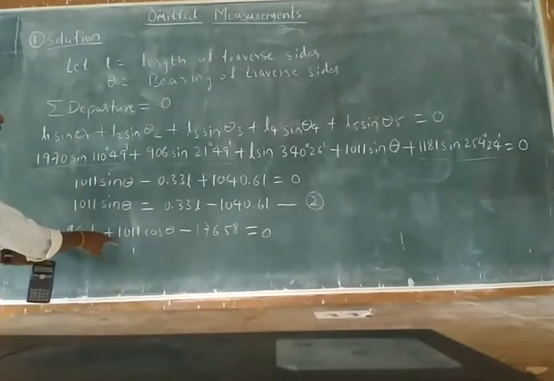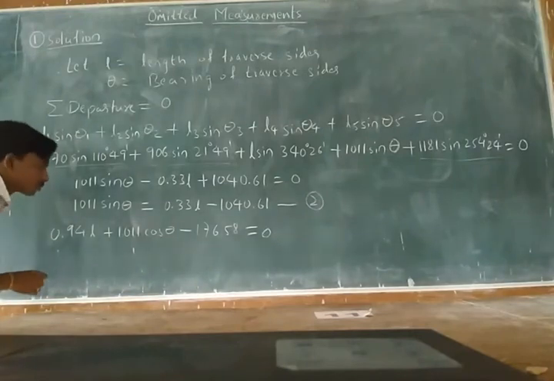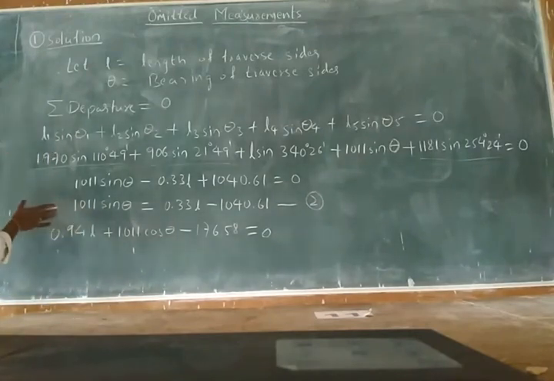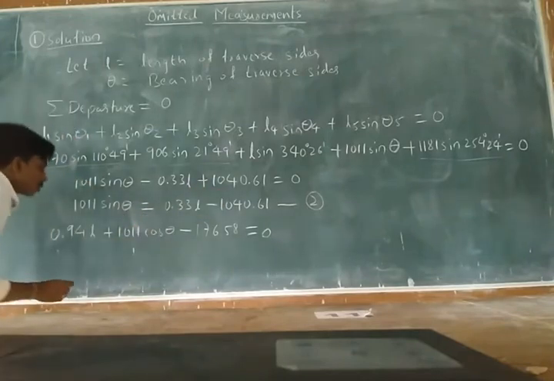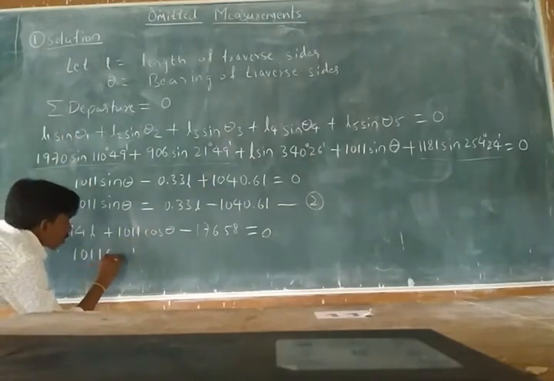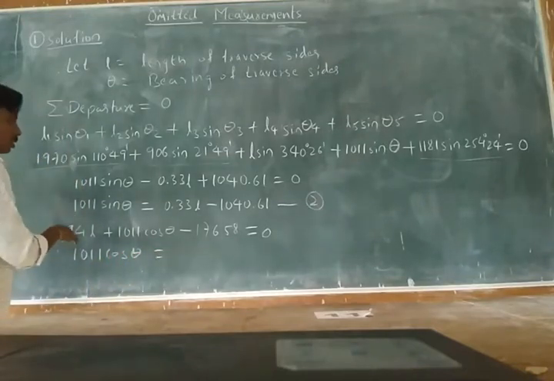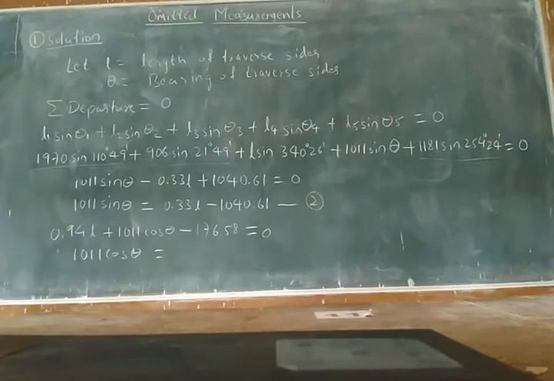So this equation 1 can be rearranged. Let's write in the same manner as equation 2. So that will become 1011 cos theta, that is equal to, let's transfer these to the other side.